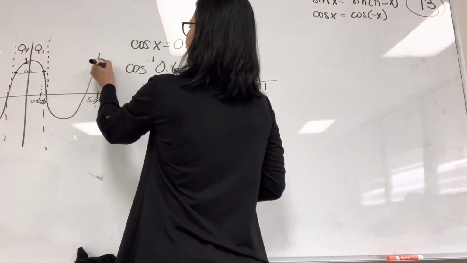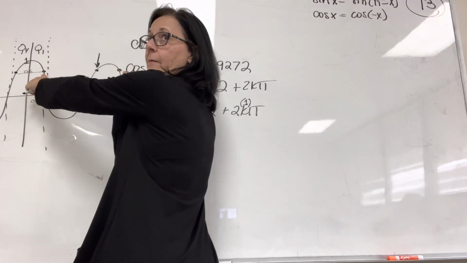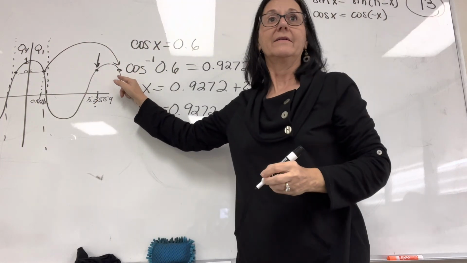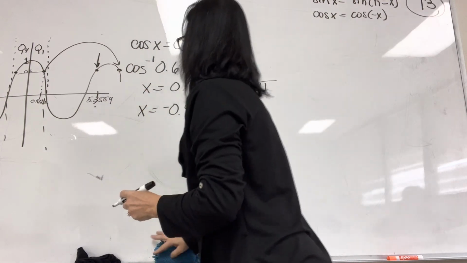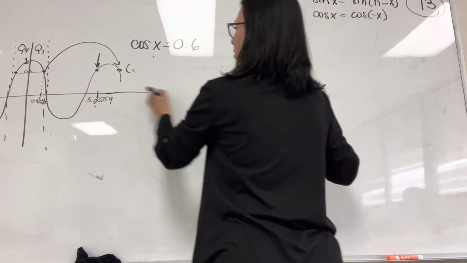And then to get here, I would take this number, 0.9272, and to get to here, I'd add another 2 pi. That's why we do the plus 2 pi. Okay, I'm going to keep drawing it.